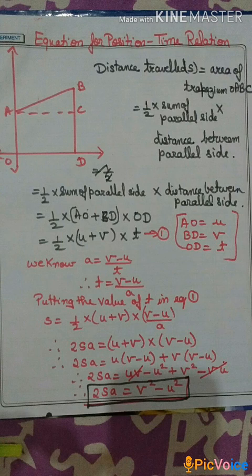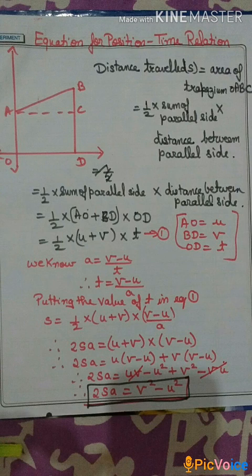Then the next is, what is the distance between the parallel sides? The distance between the parallel sides is OD. The two parallel sides are OA and BD, and the distance between them is OD.